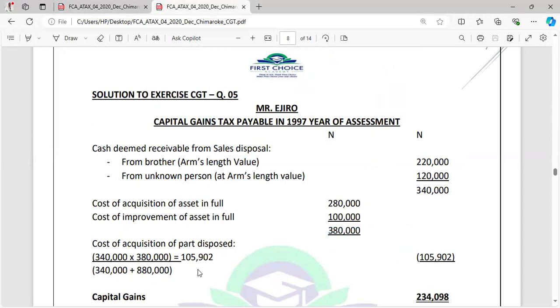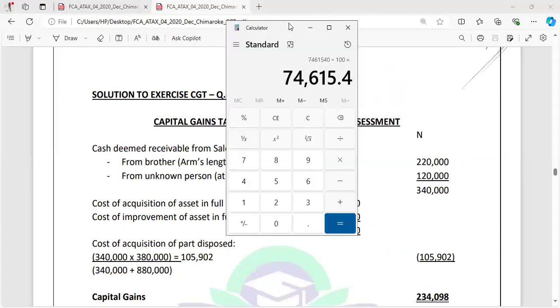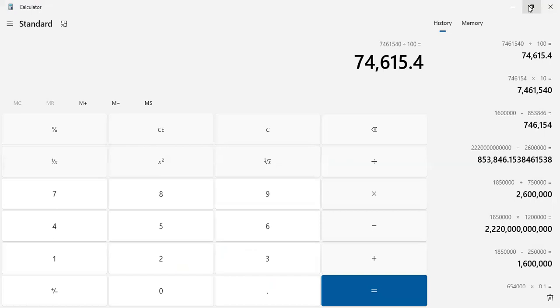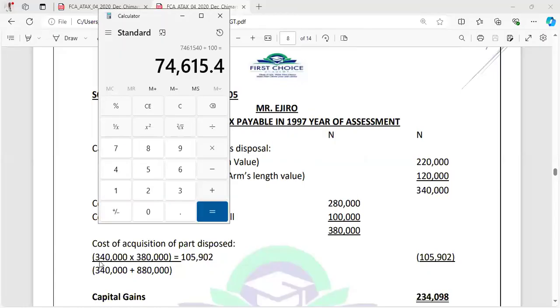Now, the part that was disposed of, how do we calculate it? This is what we will do. Our A is this 340 that we received.